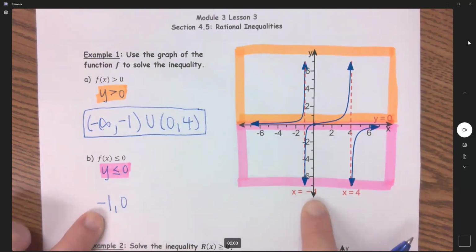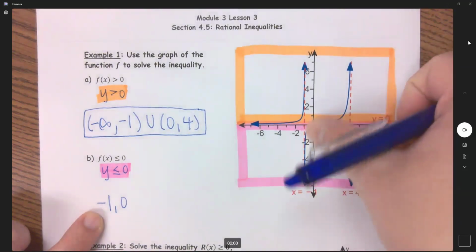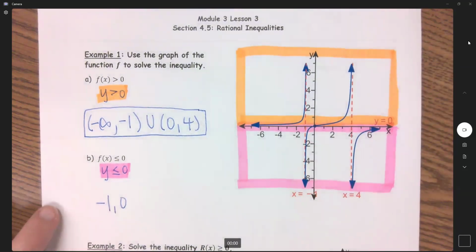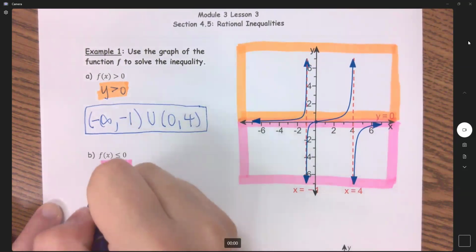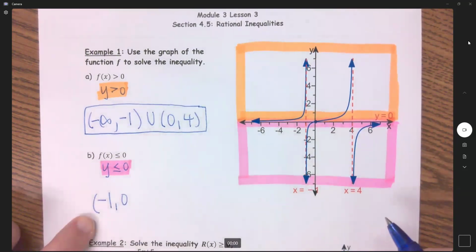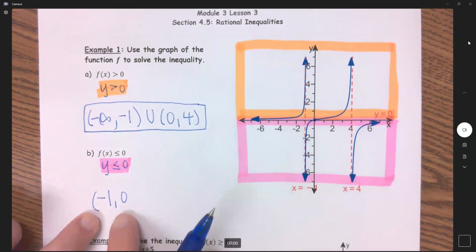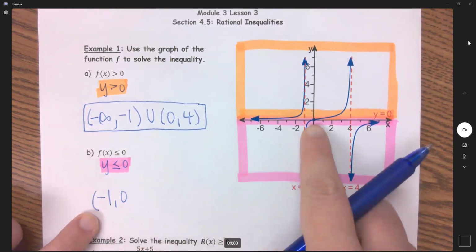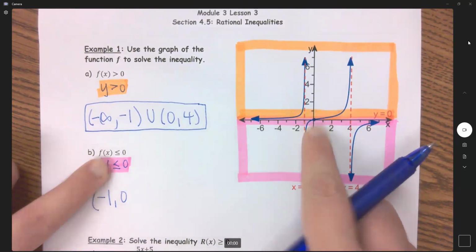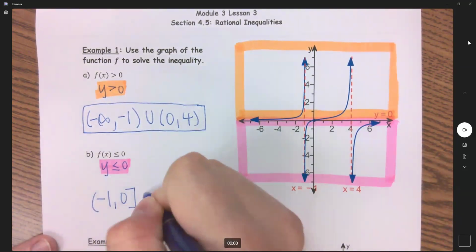Because this -1 is talking about this vertical asymptote, meaning it's never going to touch it, never going to cross it, it does not include this number here. So this is a parenthesis. It's going to be a parenthesis no matter what because of that vertical asymptote. And then here at 0, because it equals 0, this 0 here is included. So we'll get a bracket.